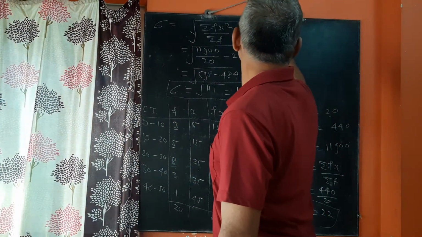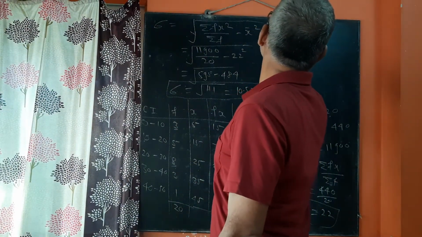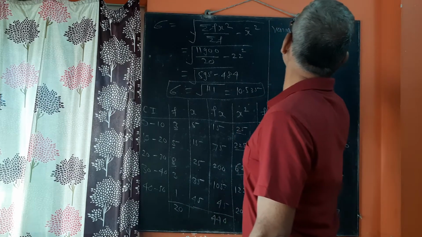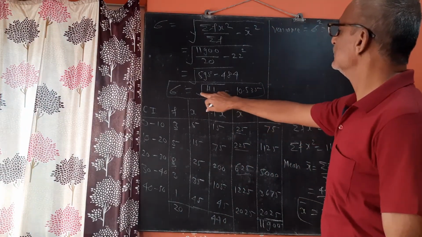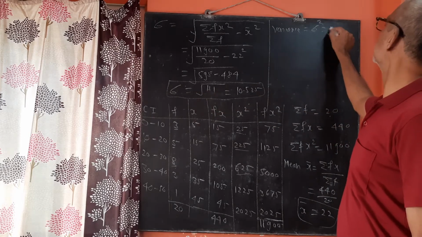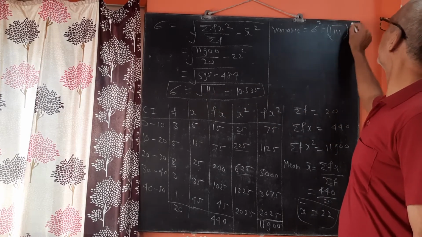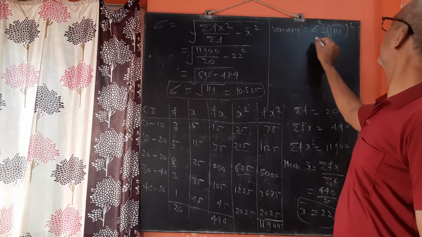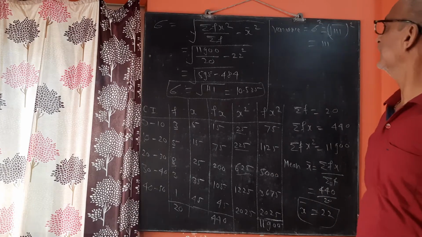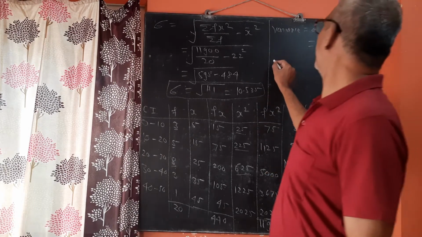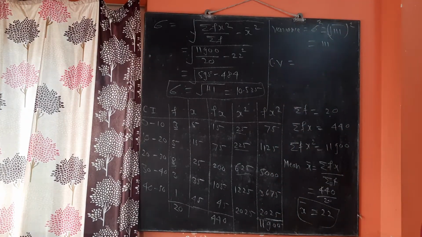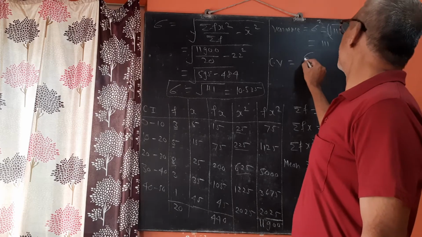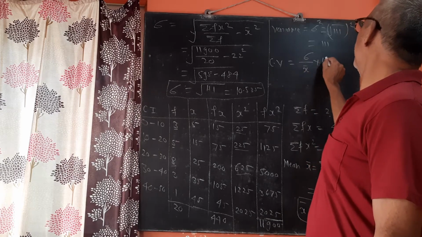Now variance equals sigma square, that is sigma is root 111, so root 111 the square, which equals 111. Then coefficient of variance. The formula for coefficient of variance is sigma upon x bar into 100.